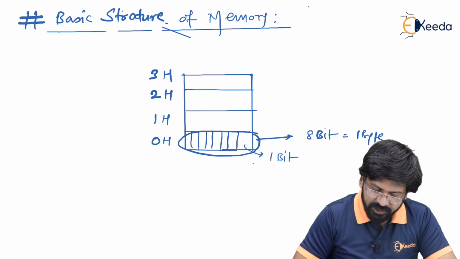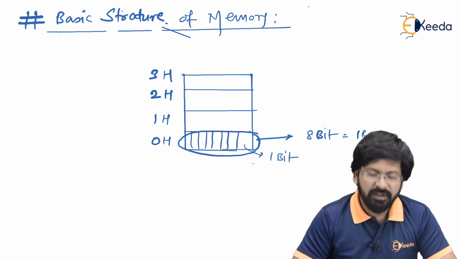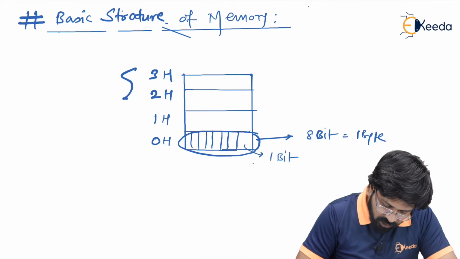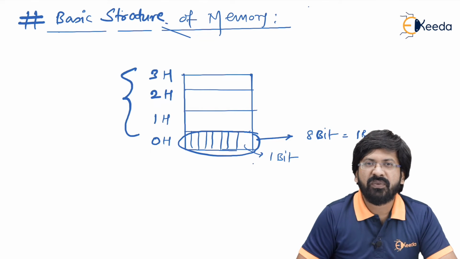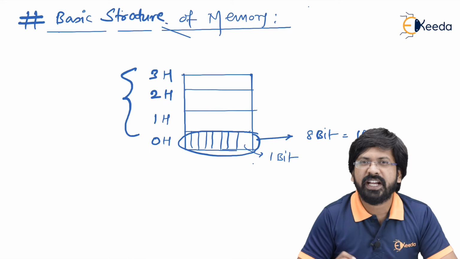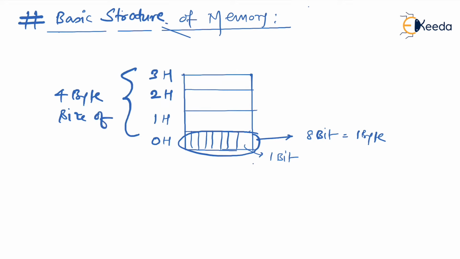So overall speaking, these rooms are present in every location, even though I am not drawing for every location here. Since there are 4 locations, the size of each location being 1 byte or 8 bit, total size can be taken as 4 byte. This is the size of memory.